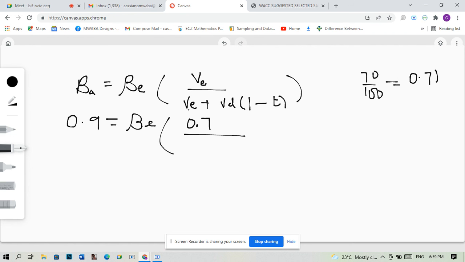Over, okay, again, our value of equity is found in our denominator here. We'll say 0.7 plus our value of debt, which is 0.3, open brackets, 1 minus our tax rate, which was given to us. The tax rate is 30%.